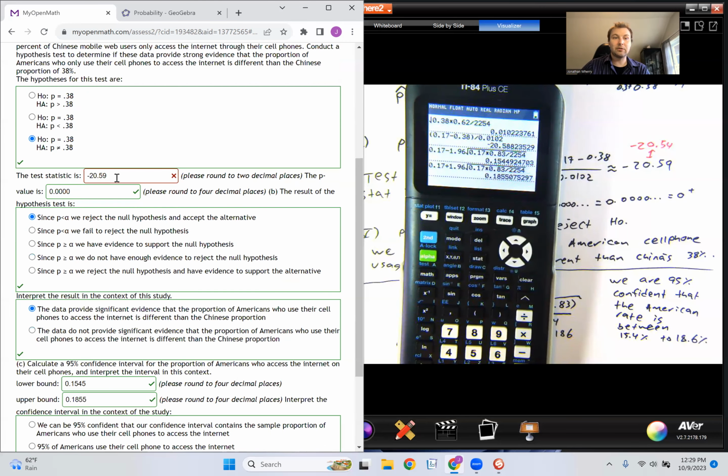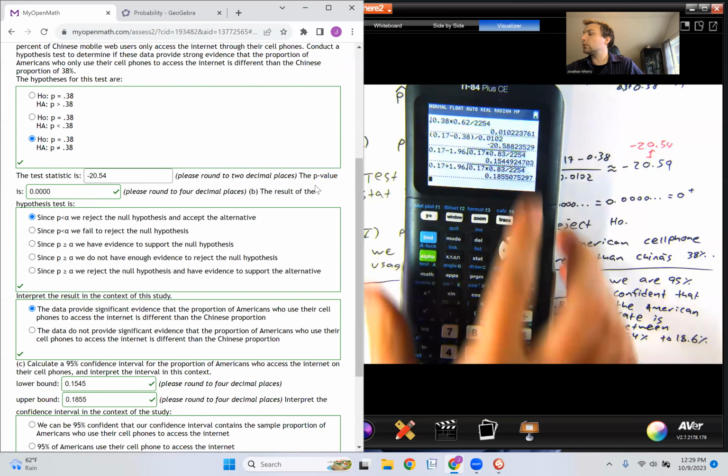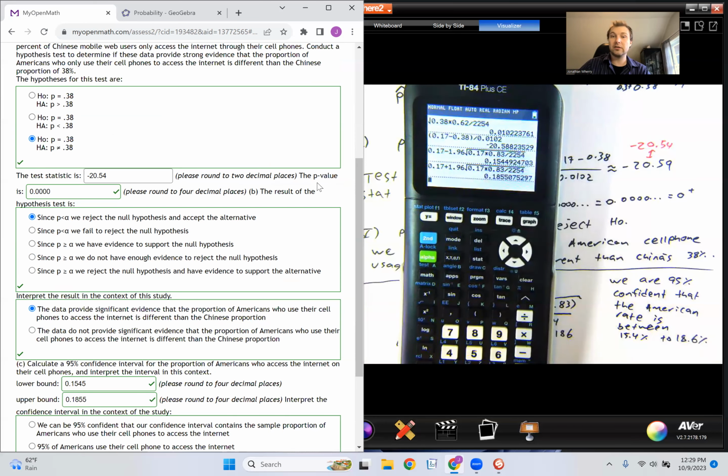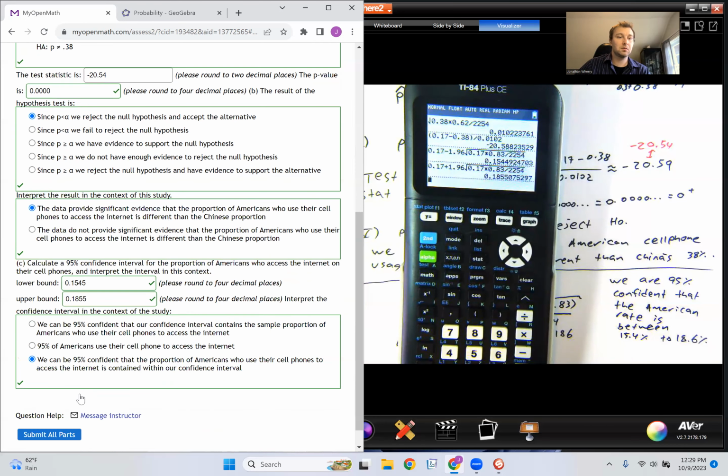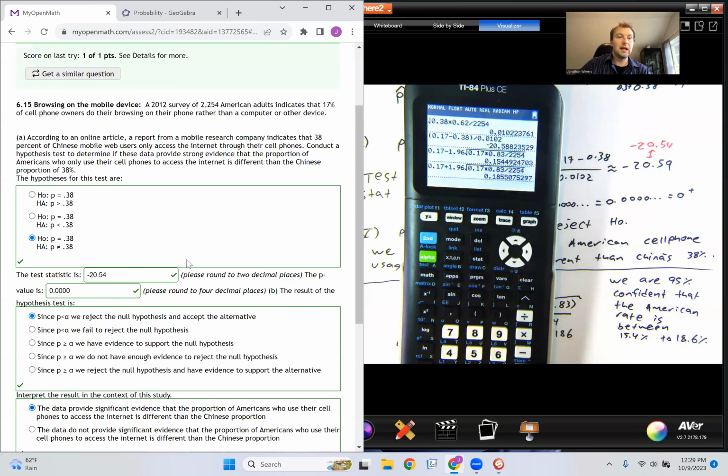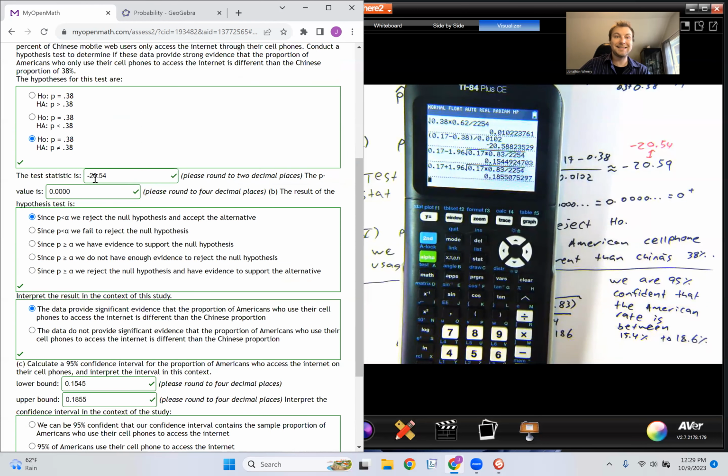Checking this, it did get a little bit grouchy with me for that negative 20.59. So let's use the GeoGebra answer of negative 20.54. A good way to fix this is to use more decimals in your standard deviation. And doing so would fix that problem. I get negative 20.54.